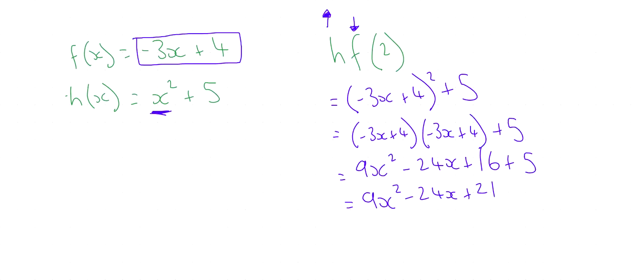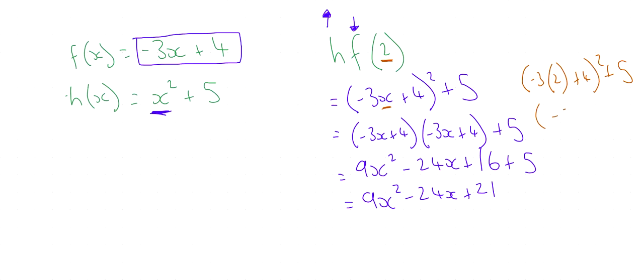All right. So a couple of people said before, when you're at this very first step, could you immediately put in the 2 for the x? Of course you can, but I kind of wanted you to practice this bit. You could here just put in the 2. So this is -6 plus 4.